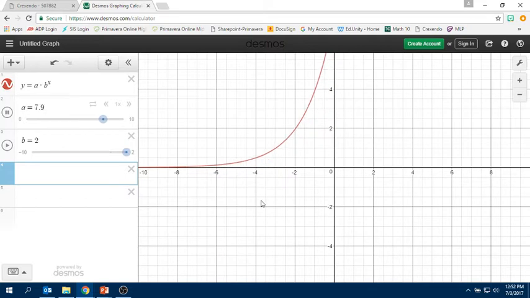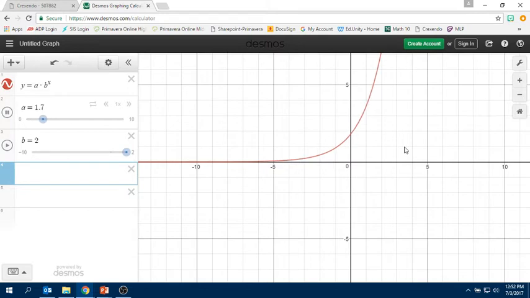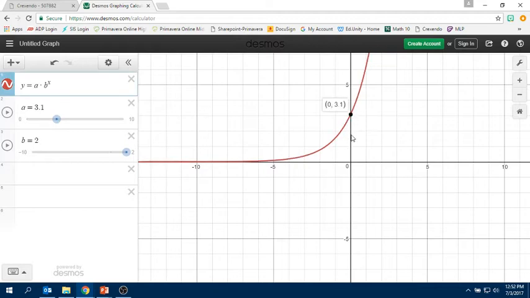Take a look at what's happening with the y-intercept as I change a. It's also changing. So imagine right here, if I stop the graph at 3.1, and I examine the y-intercept, notice here that the y-intercept is now (0, 3.1).